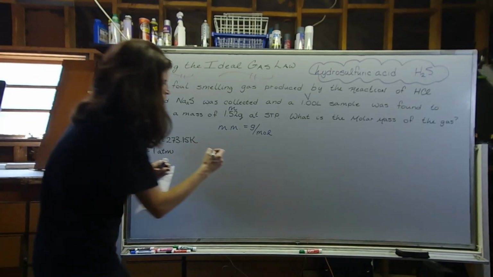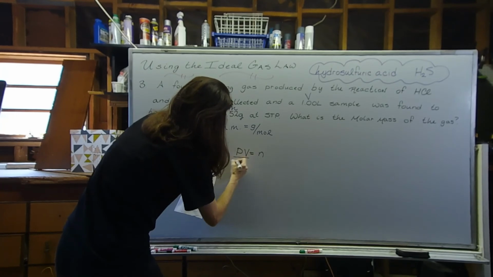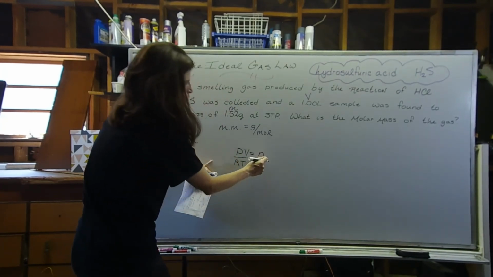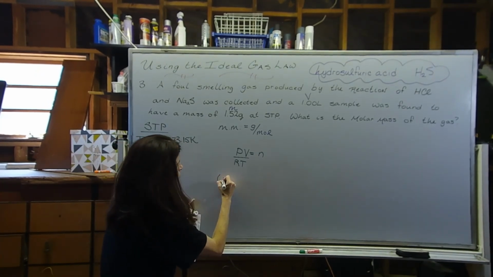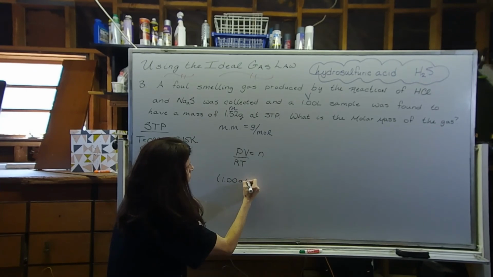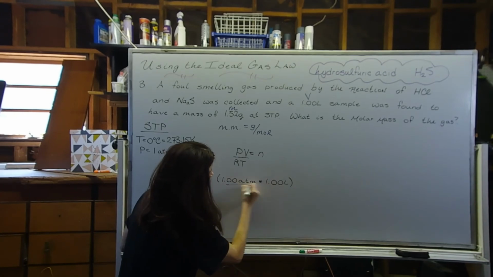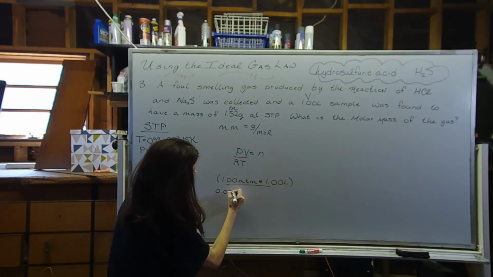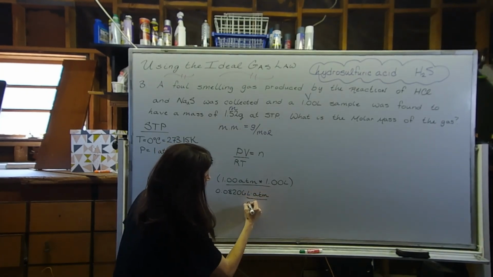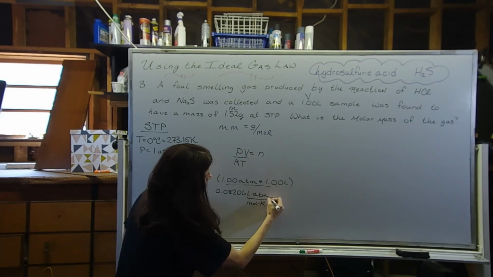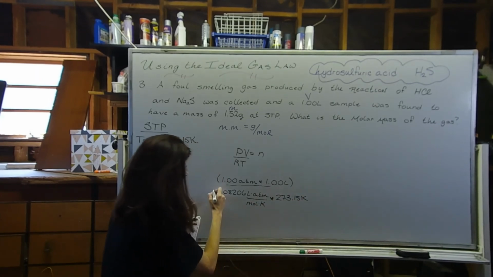So I'm going to use the ideal gas law, PV equals nRT, but I want to solve for moles, which I'll put in the bottom. So plugging everything in, we're going to have a pressure of 1 atmosphere, a volume of 1 liter, R is 0.08206 liters times atmospheres over moles times Kelvin, and then the temperature 273.15 Kelvin.